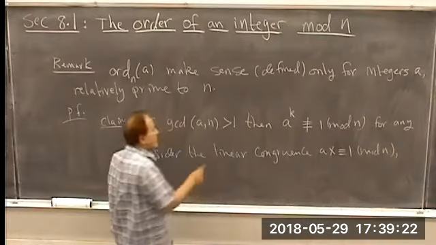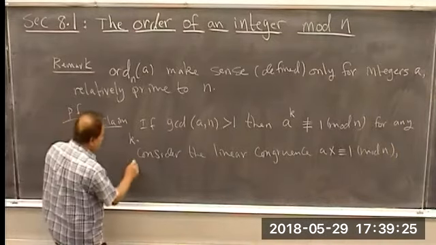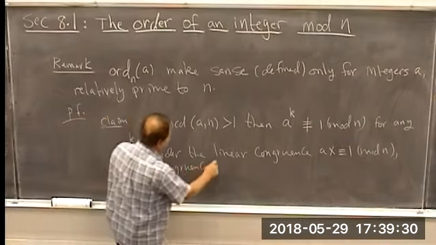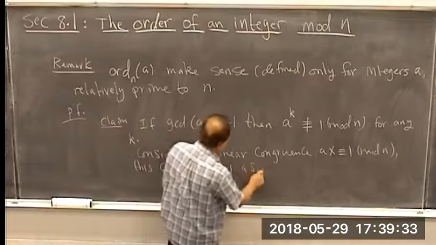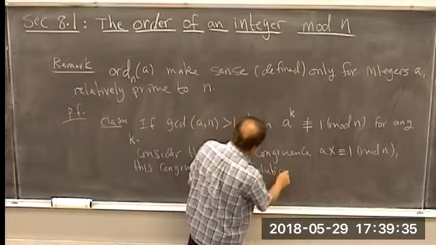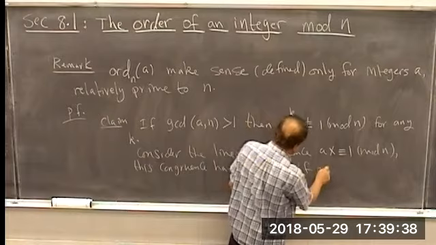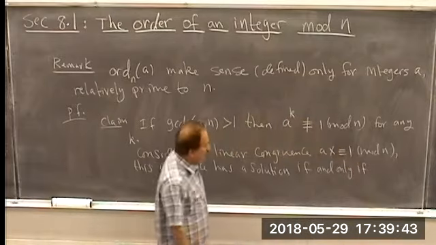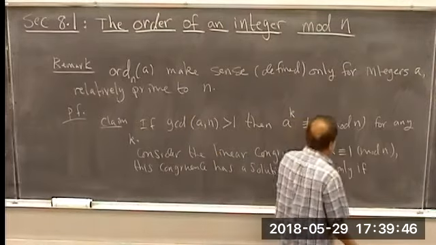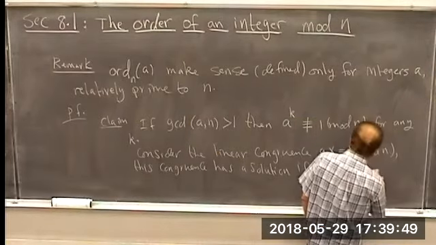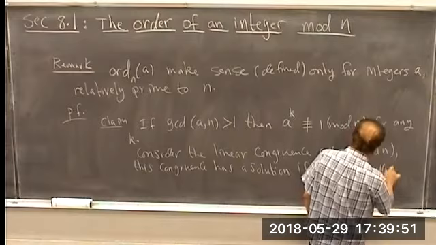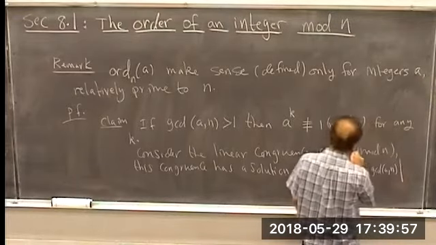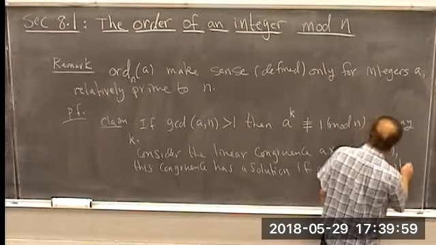We know that this congruence has a solution if and only if, and we've done this back in chapter 4, the greatest common divisor of a and n divides 1, that is, the right hand side of the congruence.